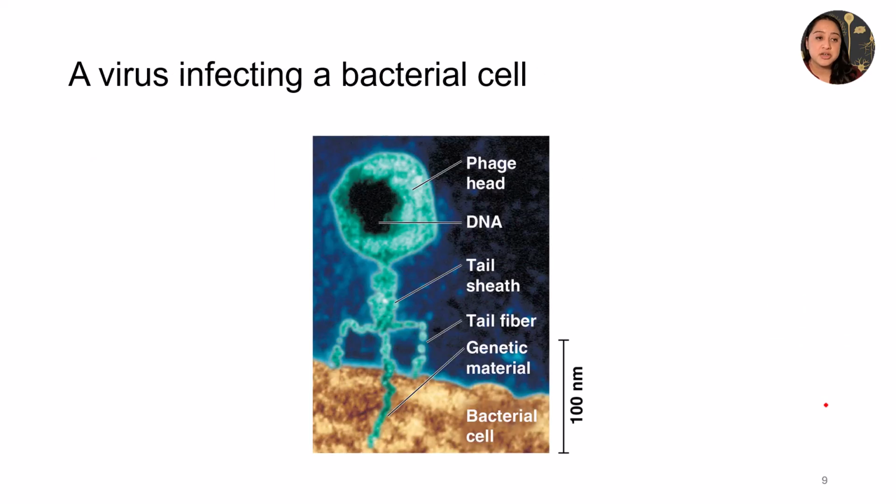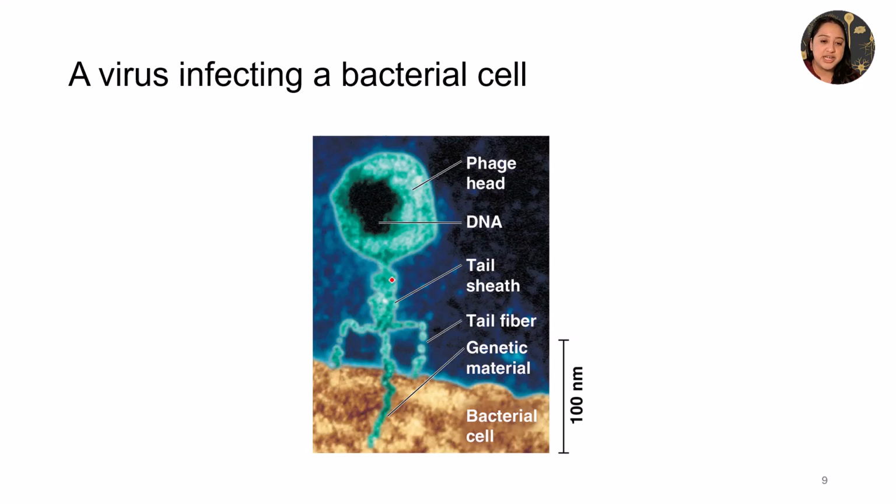And so here is a picture of a bacteriophage infecting a bacterial cell. A bacteriophage can have different shapes, but a lot of times it almost looks like a little rocket, with this kind of head. It has a tail, and then it almost looks like little legs. But again, this is just protein basically, and then the DNA inside.